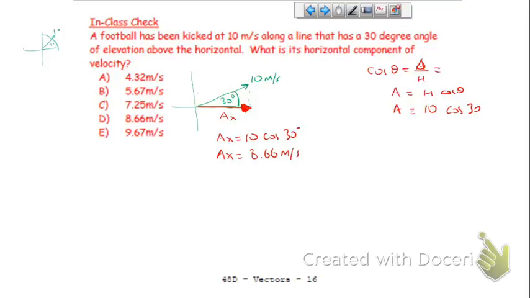So, give you a tip. If you hold your hand like that, and you put your fingers on one side, say the hypotenuse that you know, and your thumb on what you want, and you're using the angle in between, it's a cosine of the angle. If you put your fingers on what you want, and you put your thumb on what you have, and you're not using the angle in between, suppose I use that 60 rather than that 30, it's a sine of the 60.